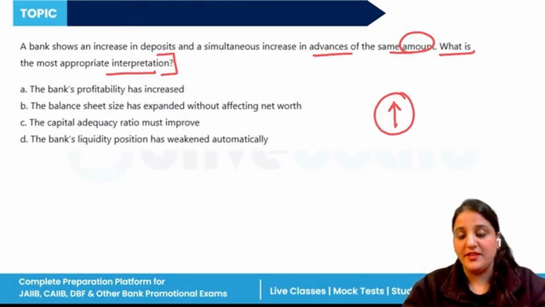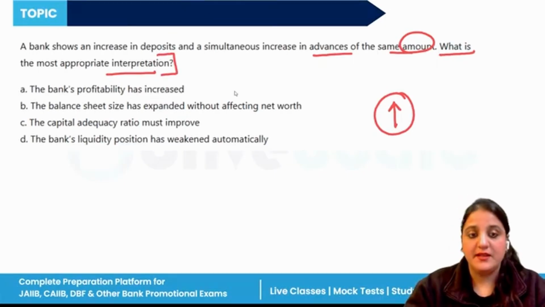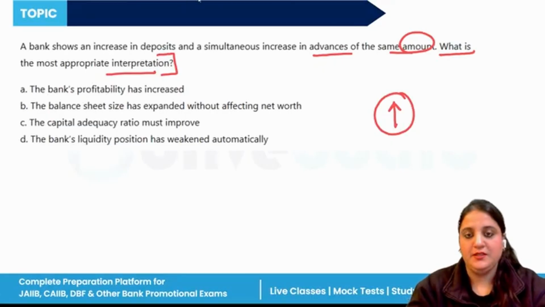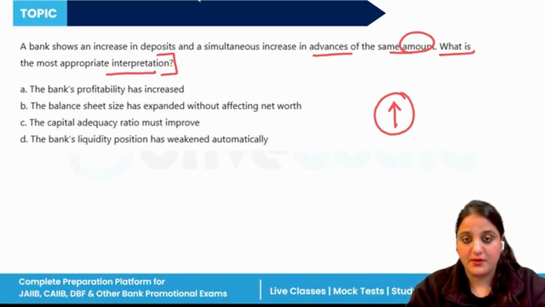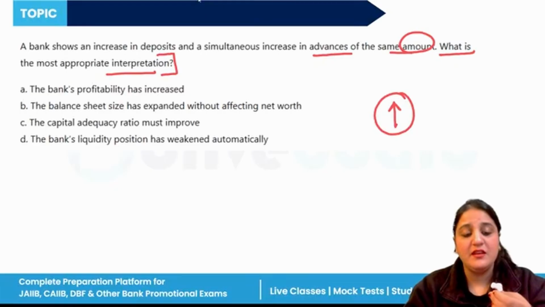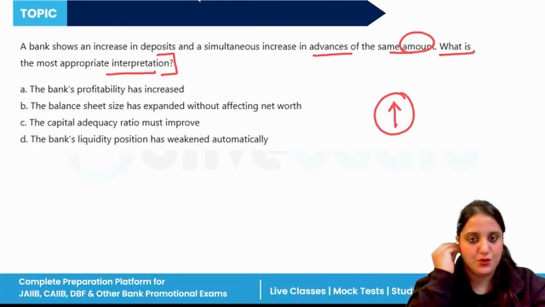Before solving this question, understand one concept. Suppose the bank is a large water tank. Sources of funds are where the water comes from, and application of funds are where the water is used.